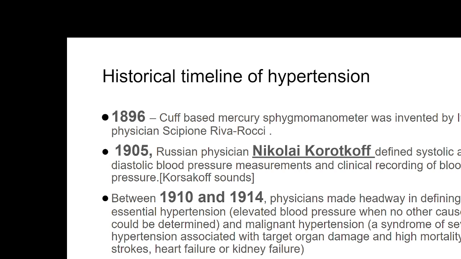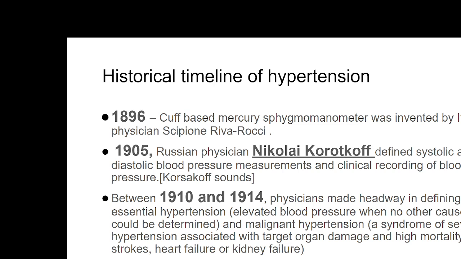And the real identification of defining essential hypertension and its pathological consequences, the malignant hypertension which can result in more complications, was established only between 1910 and 1914, maybe 5 to 10 years after the Korotkoff sounds were identified.